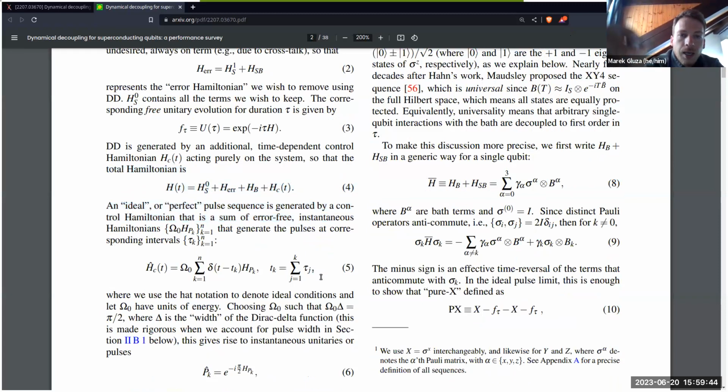Okay. And now we are going to a new paragraph talking about what is an ideal pulse sequence. And that's a pulse sequence that doesn't have errors and is instantaneous Hamiltonians, okay? Which means that, imagine you have the atom, and this atom has some kind of Bloch sphere oscillation, some Rabi flopping or something.